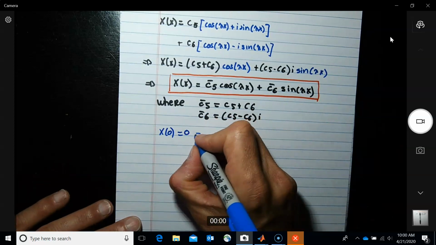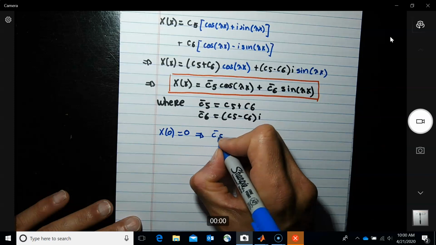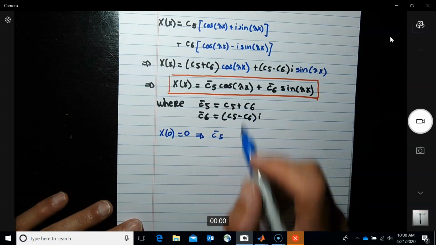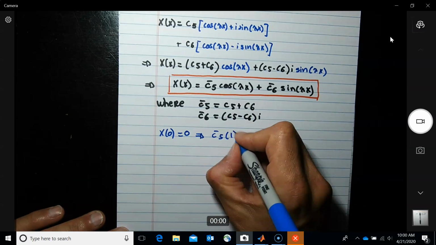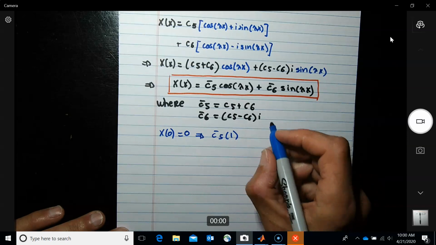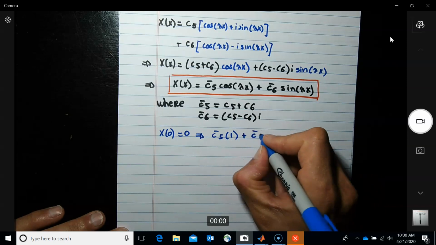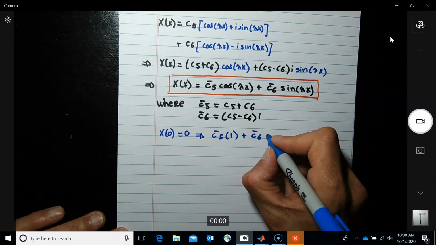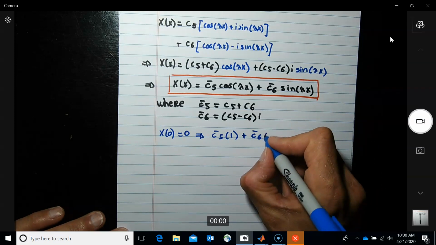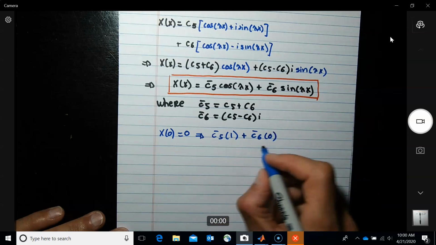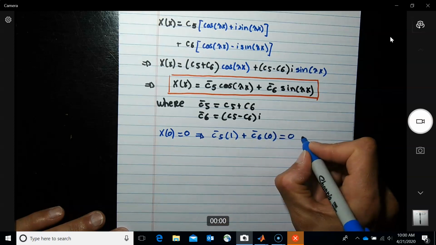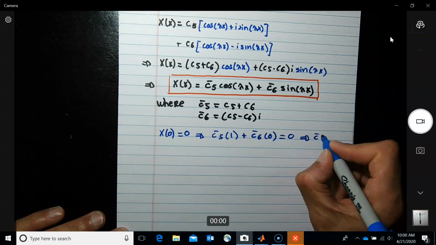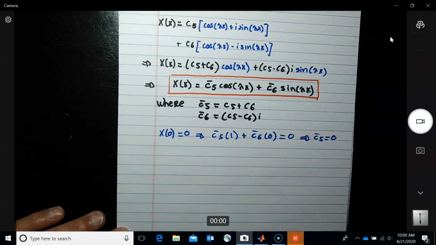So this will give us C5 times 1, because cos of 0 is 1, plus C6 times sine of 0, which is 0. So this needs to be equal to 0, which can only happen if C5 bar is equal to 0.